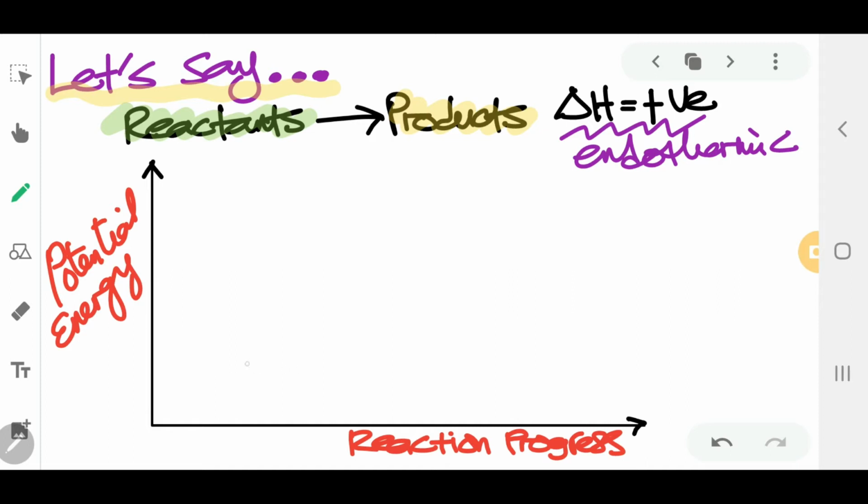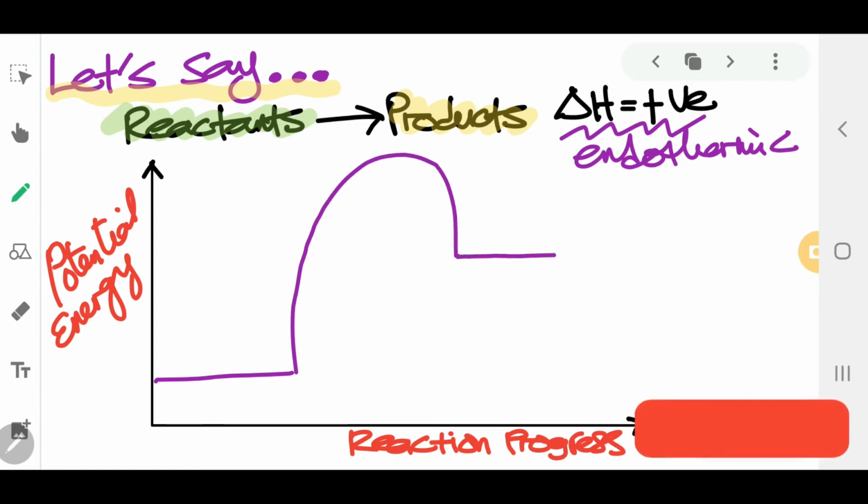The reactants will have lower potential energy, and you'll have the bump going up like that. And then you will have the energy for the products higher than the reactants. Draw the dotted lines.